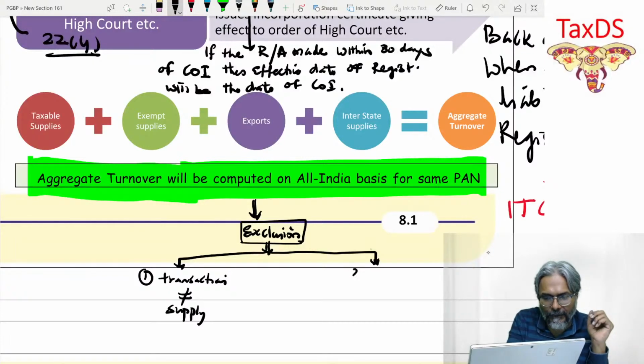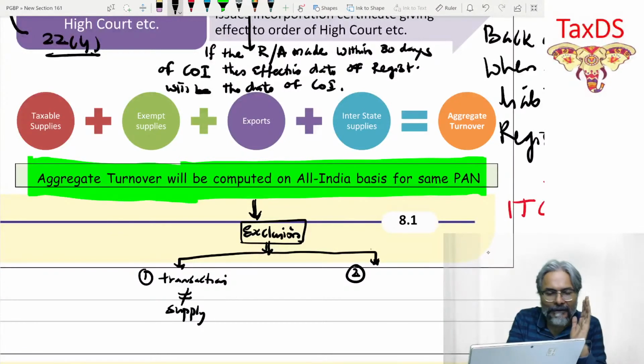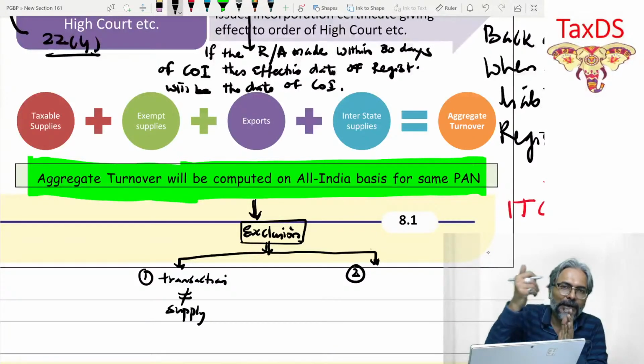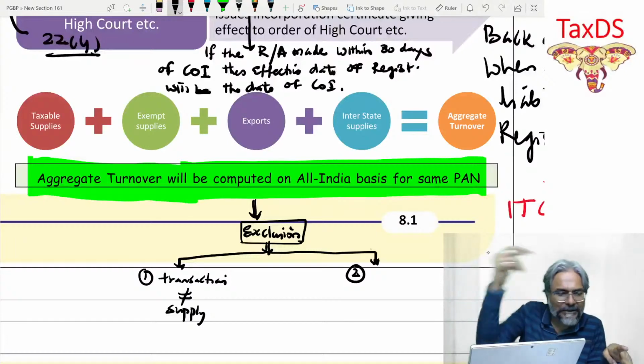Now the second point, students, is about the RCM case. The transaction in which you are liable to pay the tax under the RCM is a purchase transaction, no?